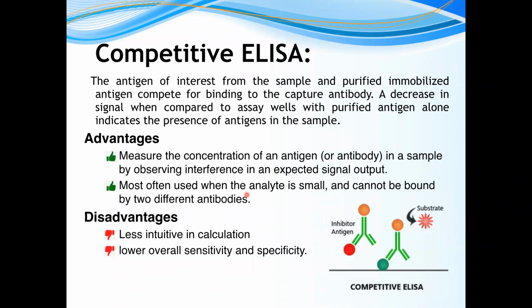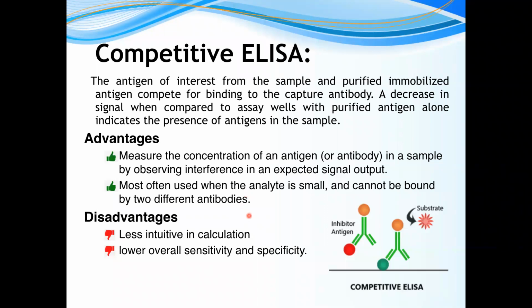So now the question is, let's focus on these 2 different ELISA kit formats, sandwich and competitive. How can we determine which type of ELISA kit is most appropriate for our samples?